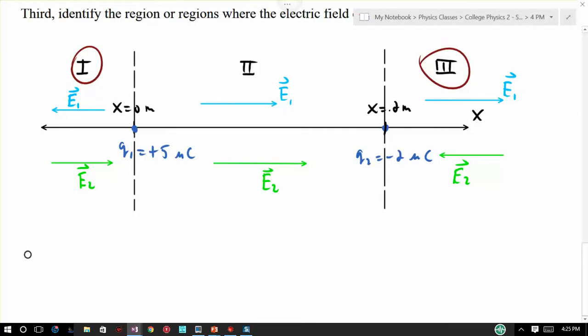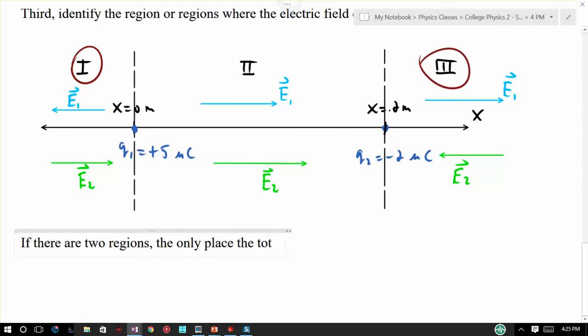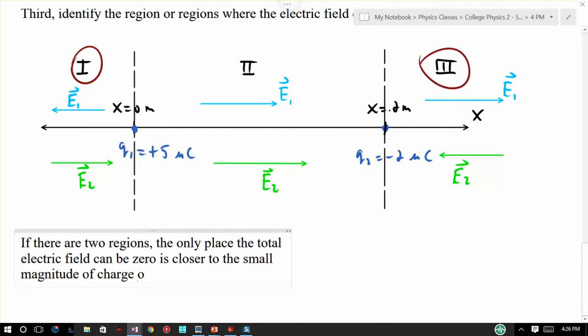So that's like part 3b. If there are two regions, the only place the total electric field can be 0 is closer to the smaller magnitude of charge, or absolute.